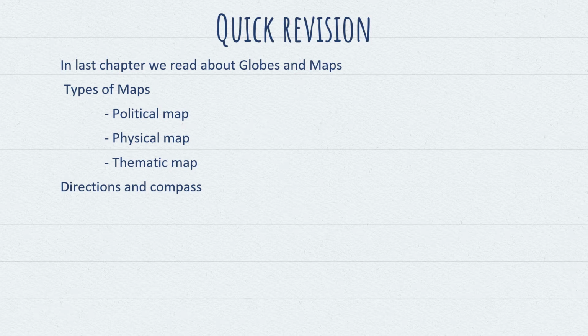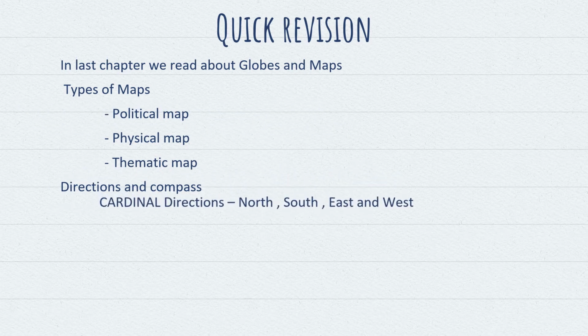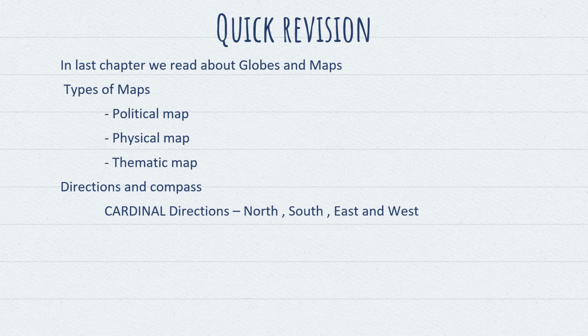Every day we go to different places, and to reach our destination, we need to follow a particular direction. There are basically four major directions, which are north, south, east and west. We call them cardinal directions. All the main directions are known as cardinal directions.